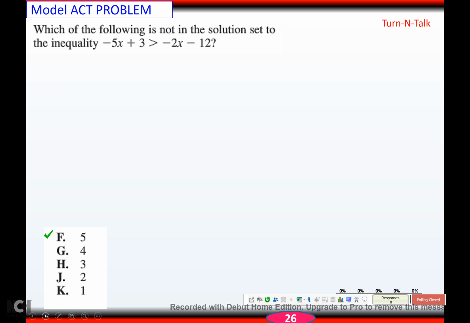And hopefully you have 5. Alright, which of the following is not in the solution set? Well, before we can figure out what's not in the solution set, we've got to figure out what is in the solution set. I've got x's on both sides, so I'm going to move this guy over by adding 2x. That's going to give me negative 3x plus 3 greater than negative 12.